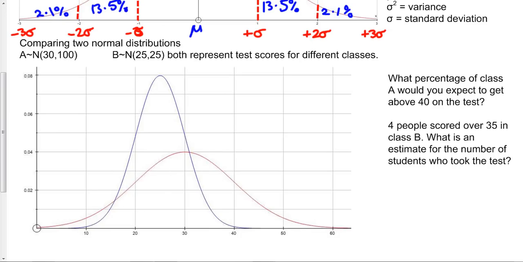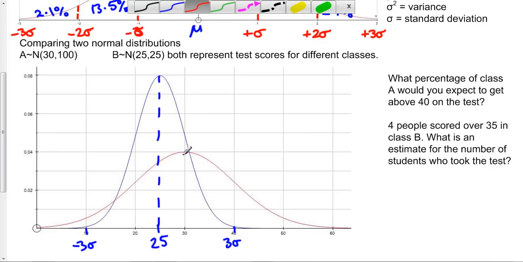Hence the blue one here, which represents test B, is symmetrical around 25, and then if we go 3 standard deviations above the mean, which is 3 lots of 5, so takes up to 40, you'll see that's most of the curve covered. And similarly, if we go 3 standard deviations below, we've got pretty much most of the data contained within those limits there.